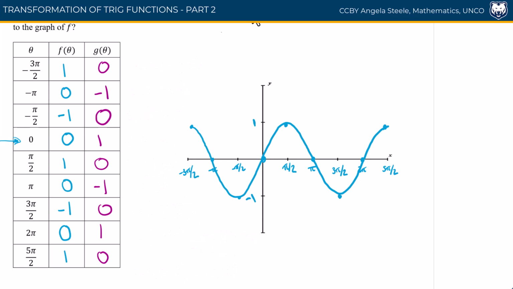Okay, and then let's go ahead and plot all of these points. So at negative 3 pi over 2, we are at 0. At negative pi over 2, we're at negative 1. At negative pi over 2, we're at 0, etc. So go ahead and keep plotting all of those points. And then we can connect the dots.